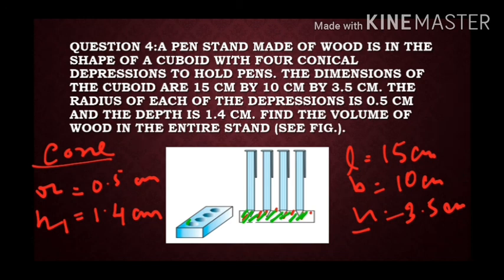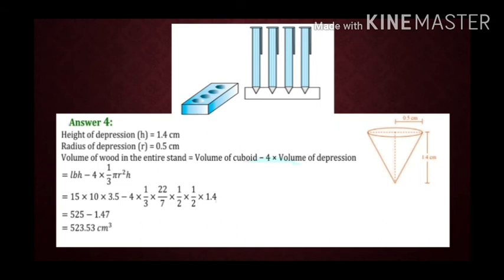If you can find the volume of each cone, you can easily find the volume of 4 conical holes by multiplying it. Then you will subtract the volume of these 4 conical holes from the volume of the entire cuboid. Okay. So, let us check the solution.